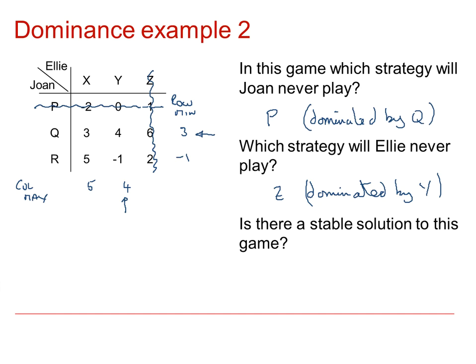So here we have a situation where the row maxi-min is not equal to the column mini-max, and therefore this is not stable.